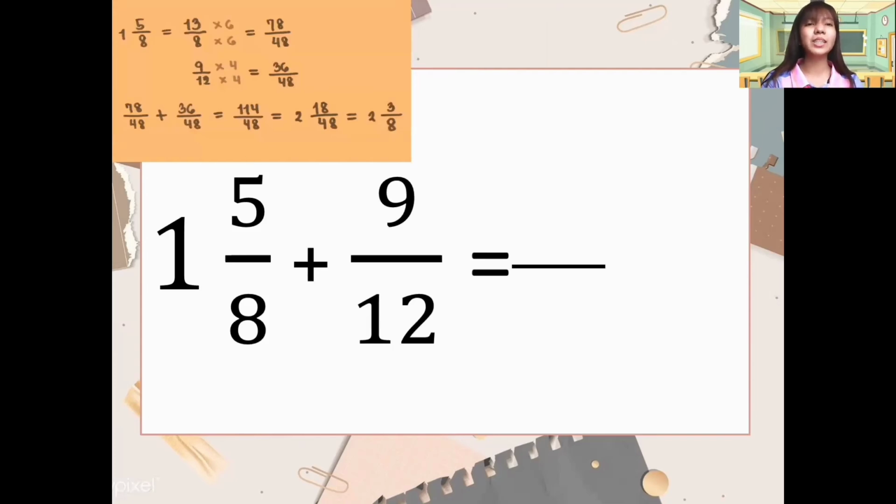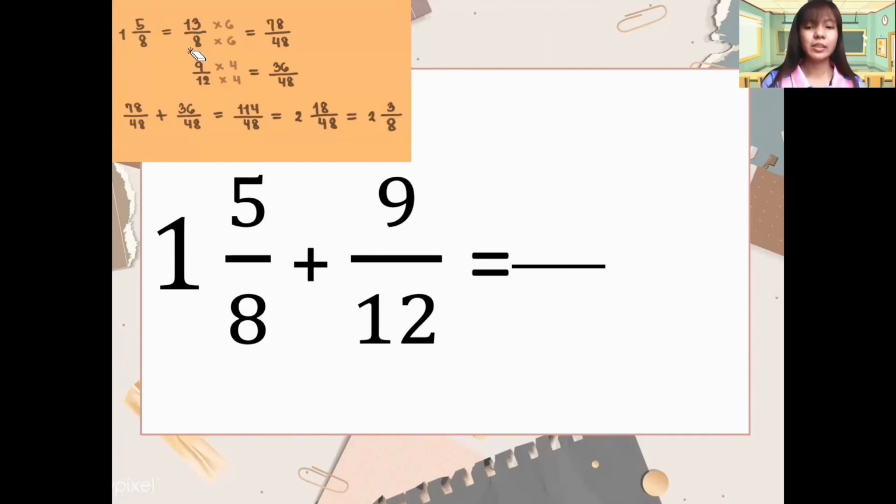Okay, so just like this one. So now we have here 1 and 5 over 8. Okay, so 8 times 1, 8, plus 5, 13. Then copy 8. Alright? Understand?